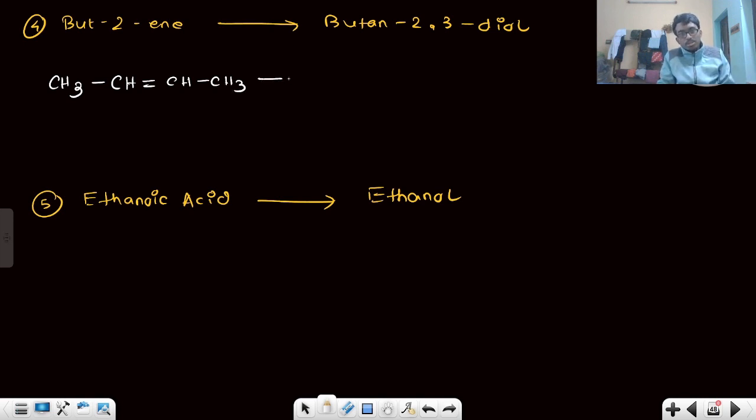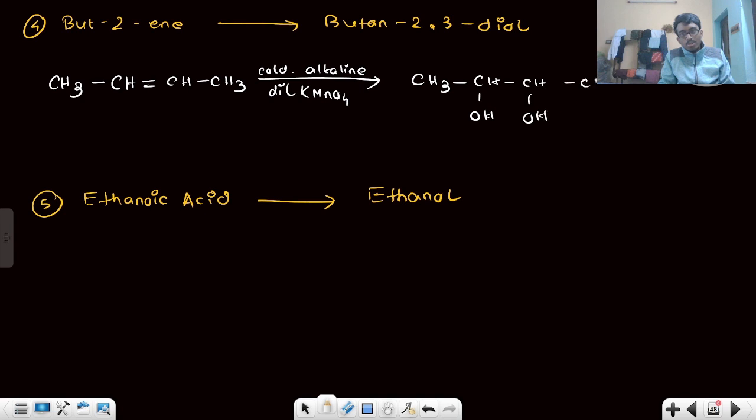Here you have to write Bayer's reagent: cold, alkaline, dilute KMnO4. Then you will get CH3CH(OH)CH(OH)CH3. Done.